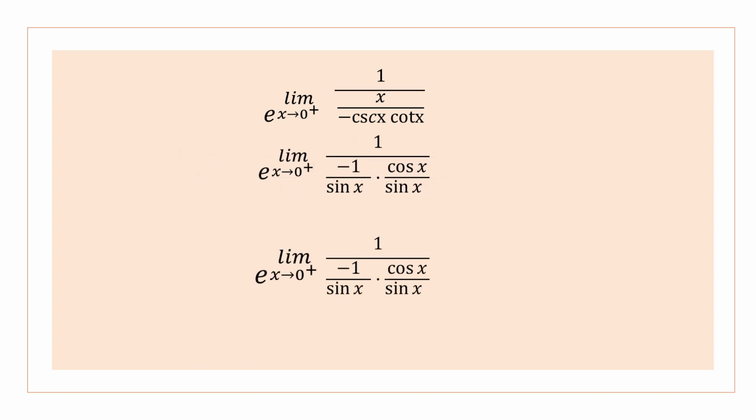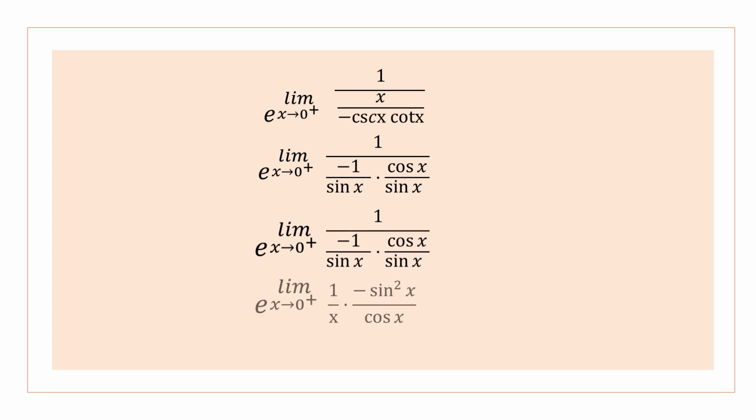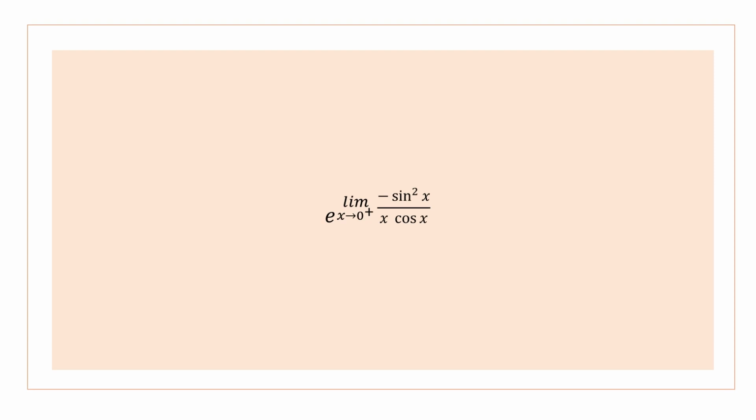Simplify the denominator, then multiply. Multiply 1 over x to negative sine squared x over cosine x. The answer will be the limit of negative sine squared x over x cosine x as x approaches 0 from the right.